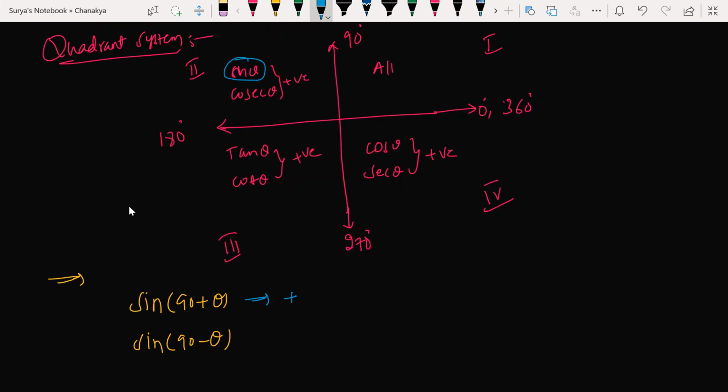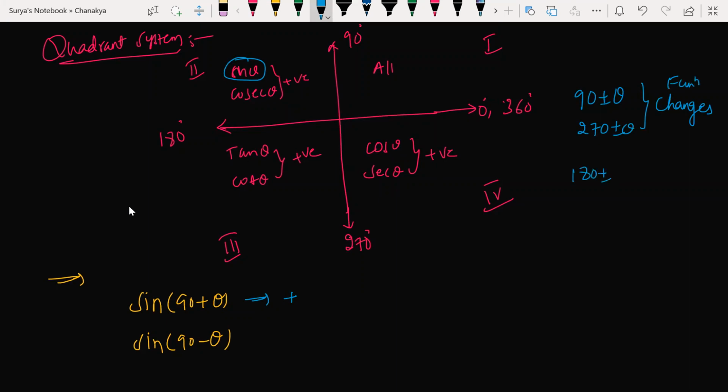Then sine 90 plus theta is nothing but, look at this, I told you, whenever 90 plus or minus theta comes, and whenever 270 plus or minus theta comes, the function always changes.